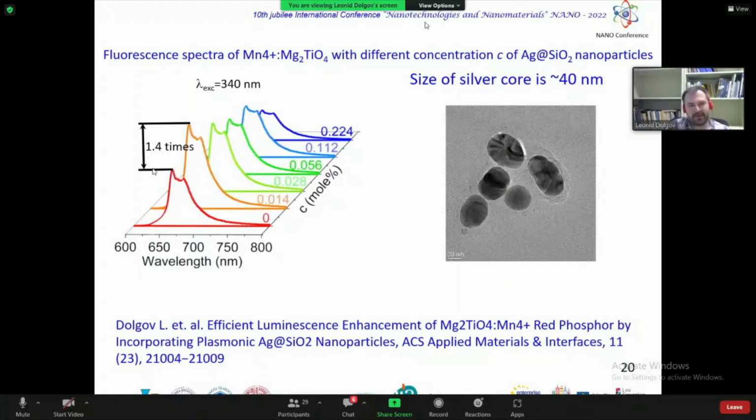We also obtained a very low enhancement, like 1.4 times. It is maybe because we already have nice fluorescence and not much room for increase, because our quantum yield is already not so bad.